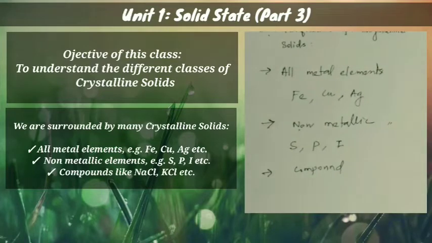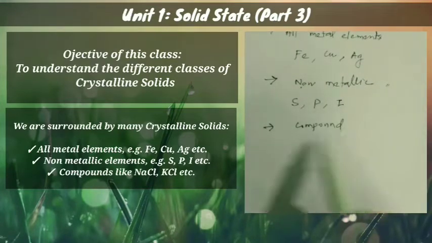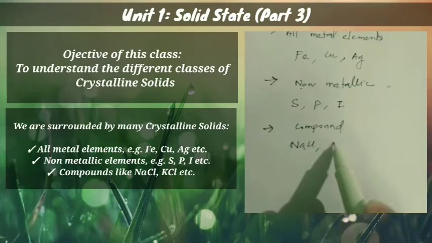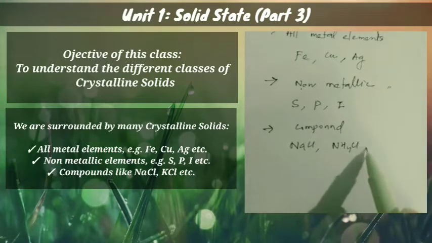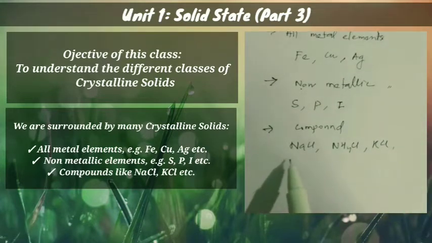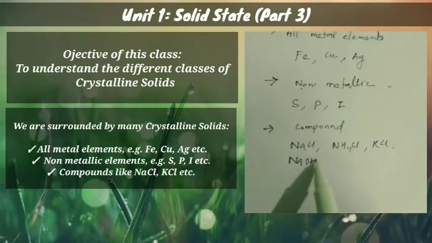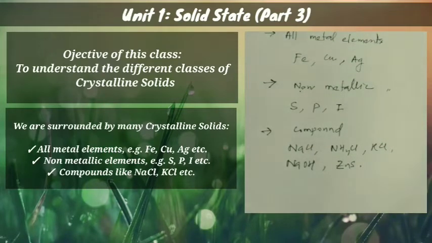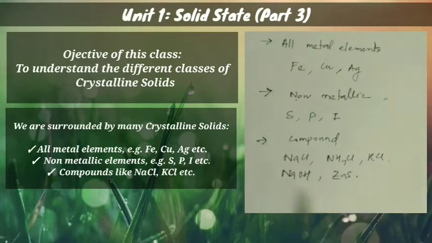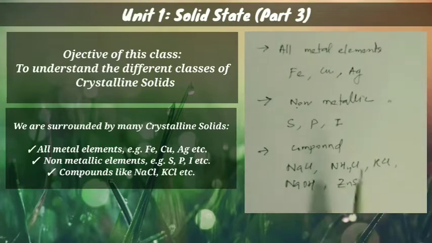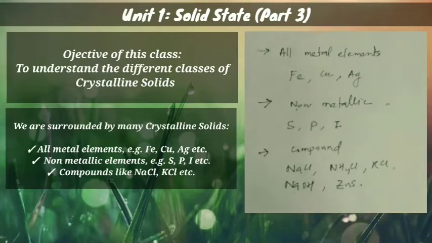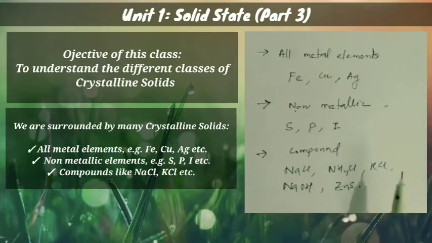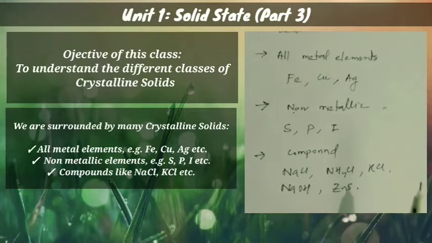So for compounds, examples are sodium chloride, ammonium chloride, potassium chloride, sodium hydroxide, zinc sulfide, naphthalene. They all exhibit crystal nature.